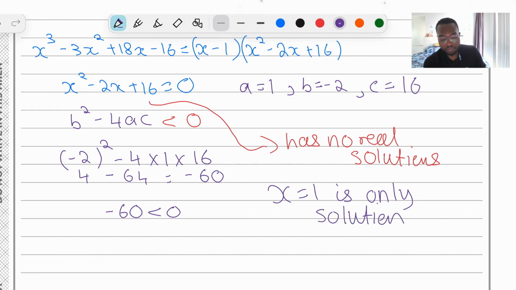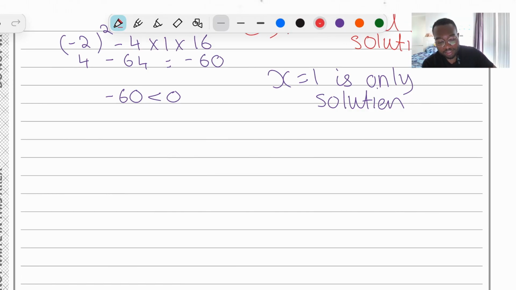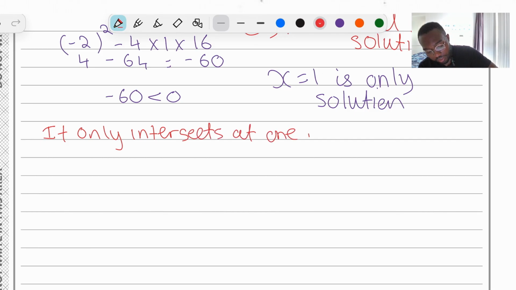Okay. Therefore, what does that mean? That means that it only intersects at 1 point. Okay, like (1, 0).